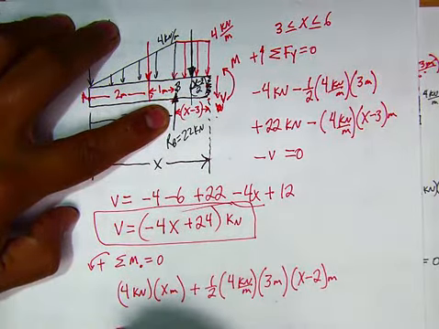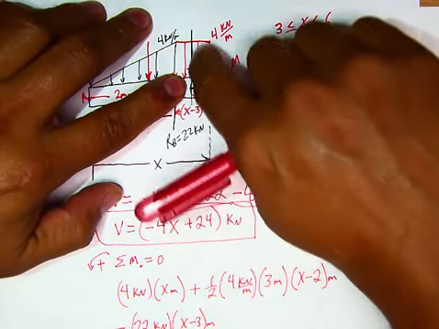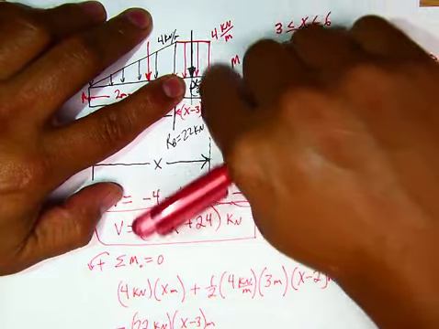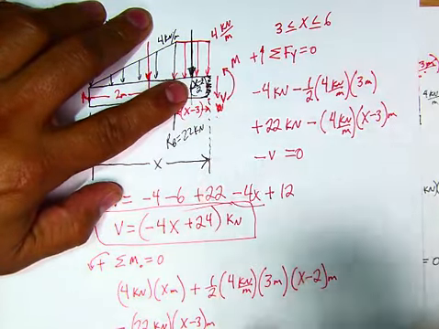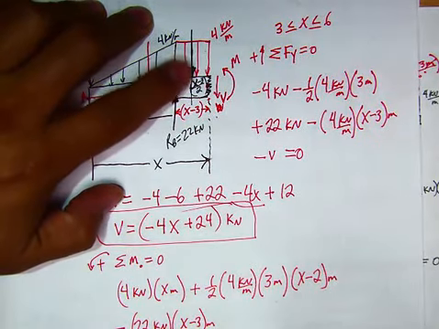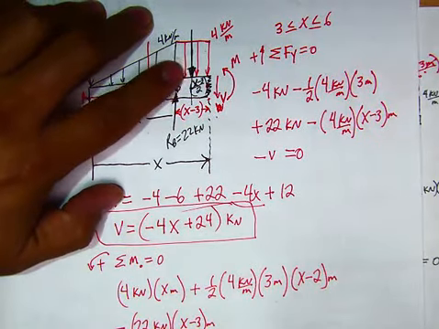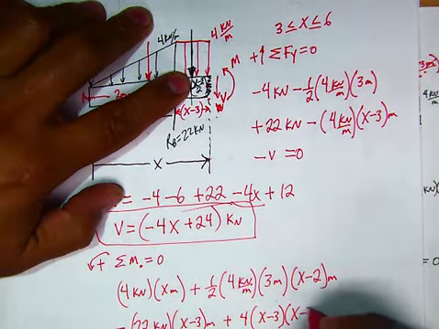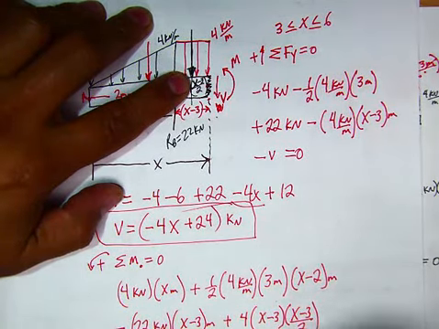And last, our counterclockwise rotation being done by our rectangular distributed load, which again, we already found this magnitude to be 4 times x minus 3. So this is 4 times x minus 3, and it is located at a distance of x minus 3 divided by 2.